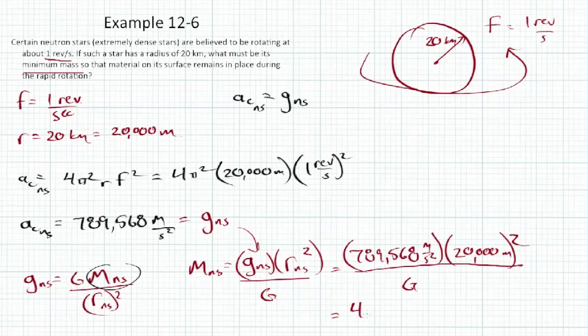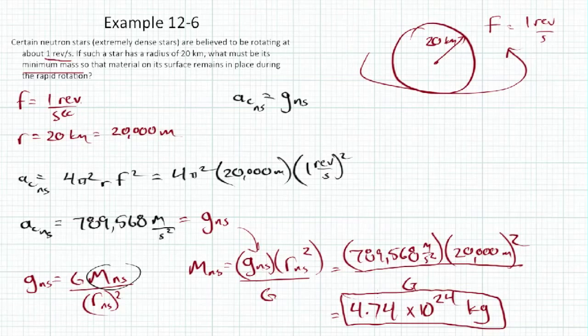Try this. 4.74 times 10 to the 24th kilograms. That is the mass of this neutron star. I know 10 to the 6th is million and the 9th is billion.